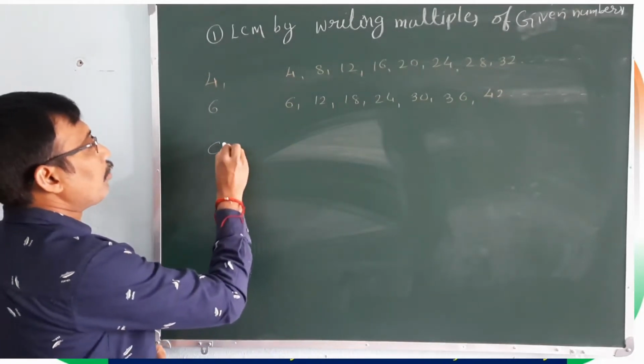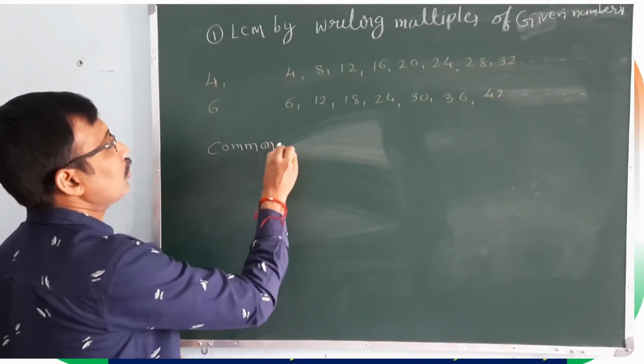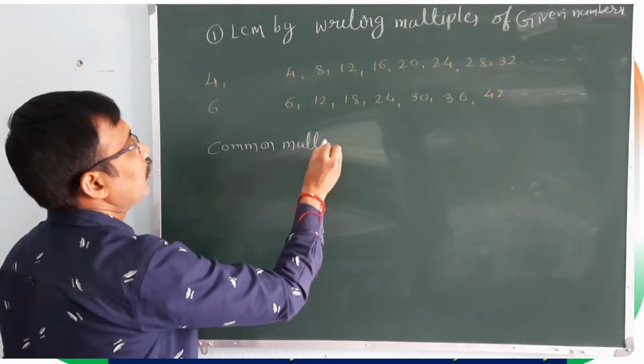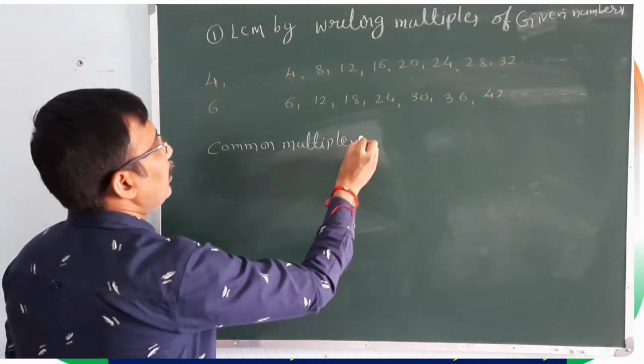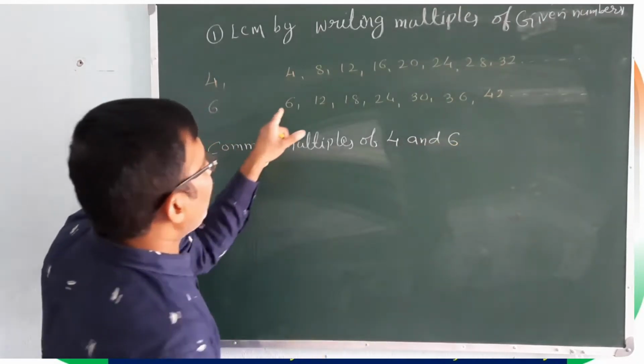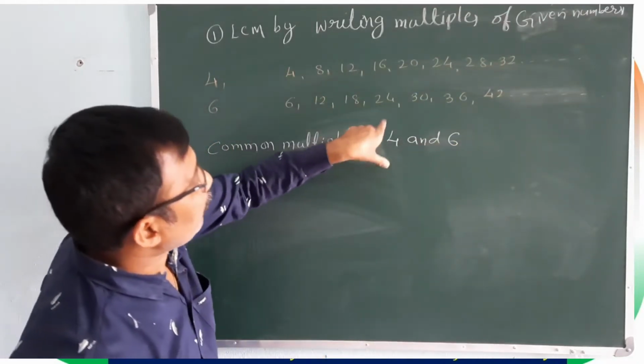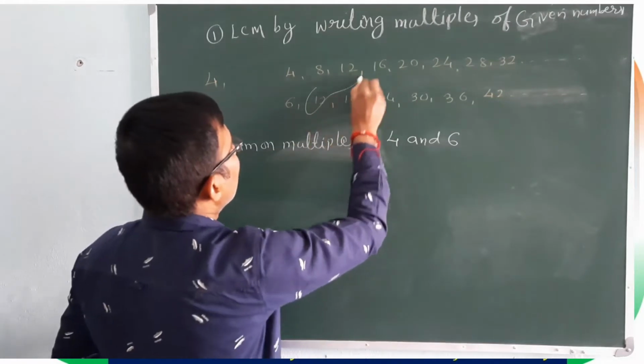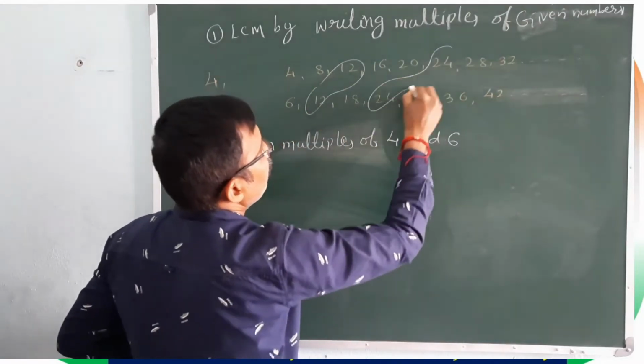Next, write the common multiples of 4 and 6. Which is the common element in these two lists? 12 is the first one. Next is 24.